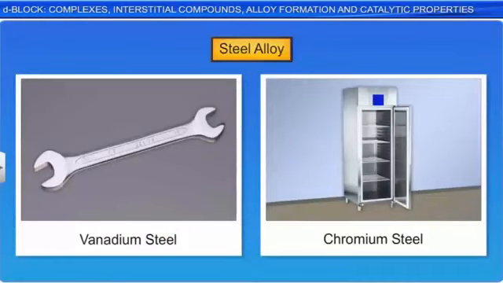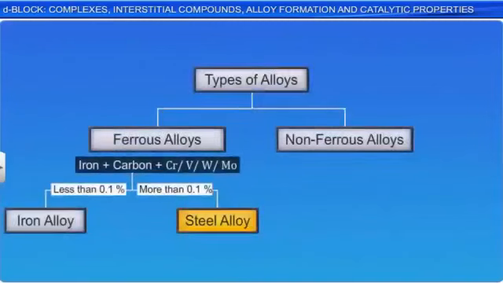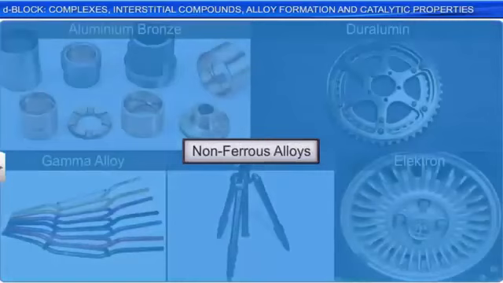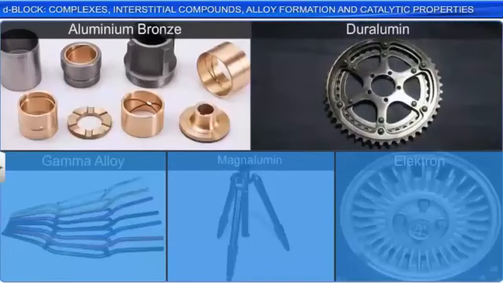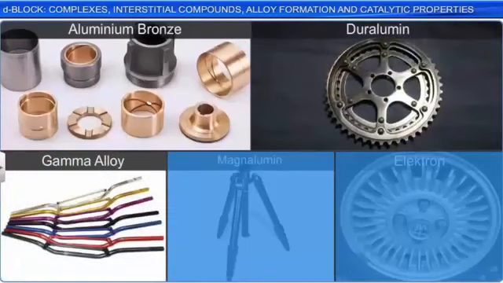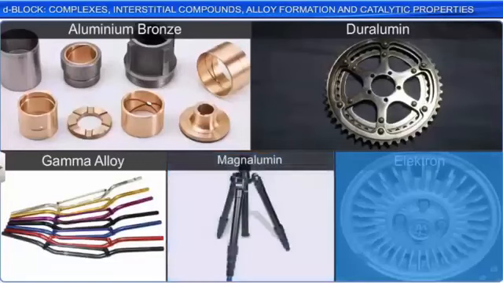Non-ferrous alloys are alloys that do not contain iron as one of the components. The number of non-ferrous alloys used in technology is very large. Aluminium alloys like aluminium bronze, duralumin, and gamma alloy, along with magnesium alloys like magnalium and electron, find numerous applications in various fields.